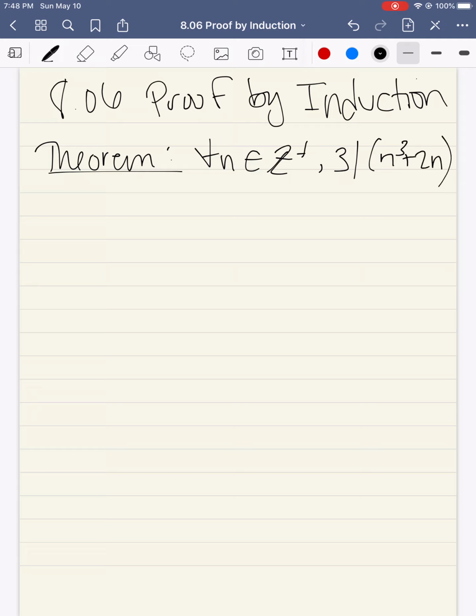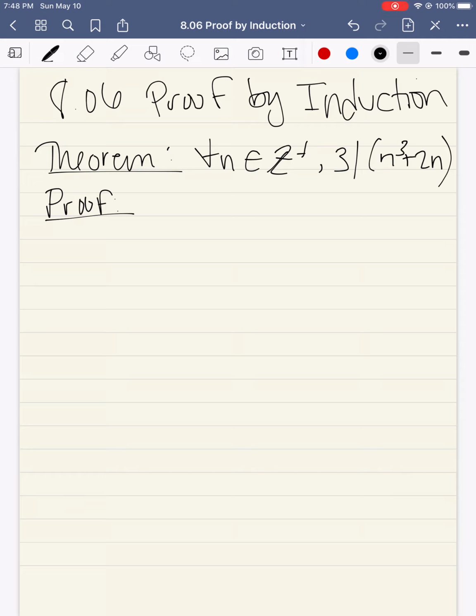So this is what we're trying to prove. We're trying to say, okay, for every single positive integer, this expression here will be divisible by 3. So we'll use this proof method, proof by induction. Let's go ahead and dive in here.